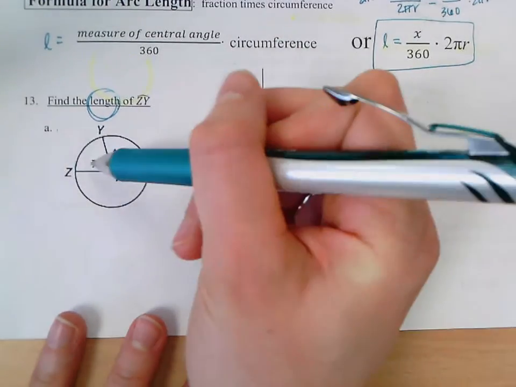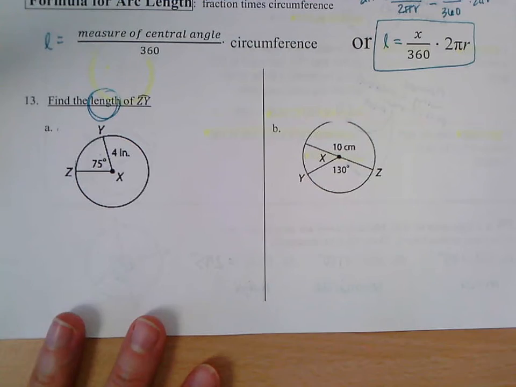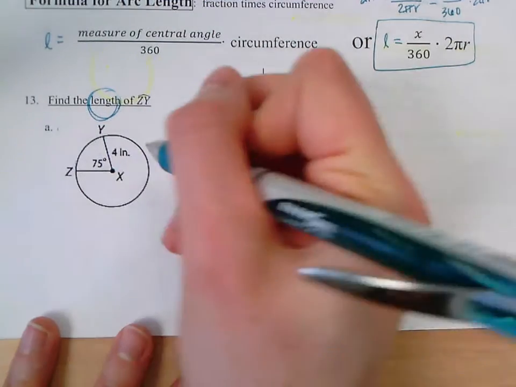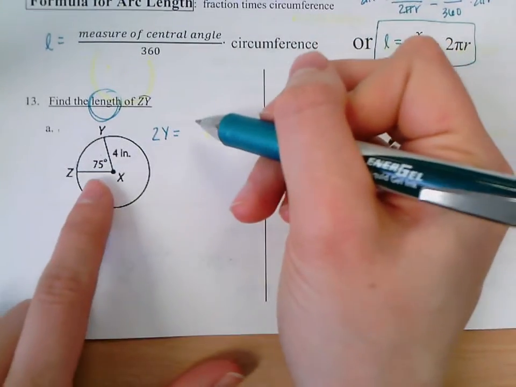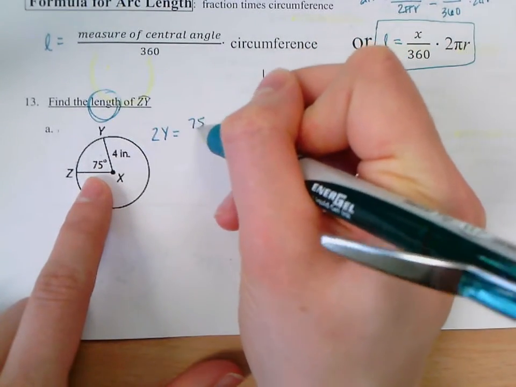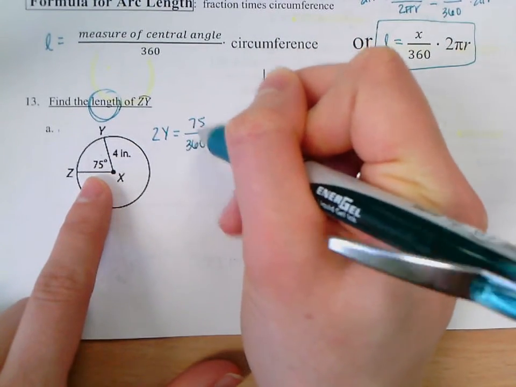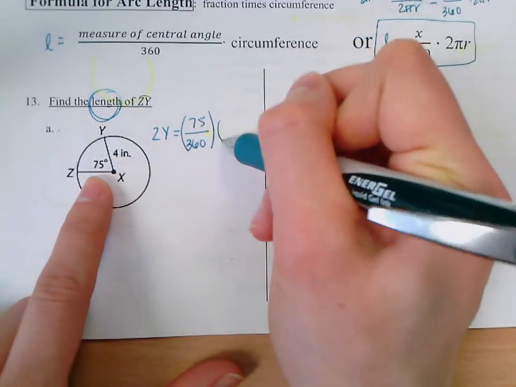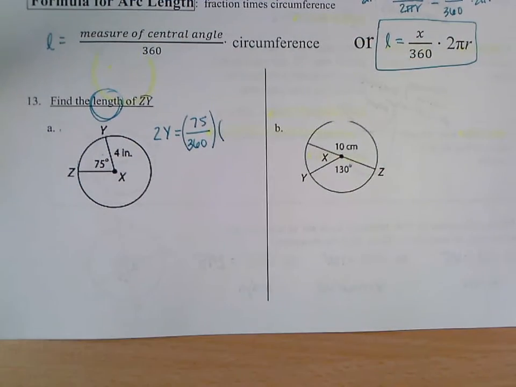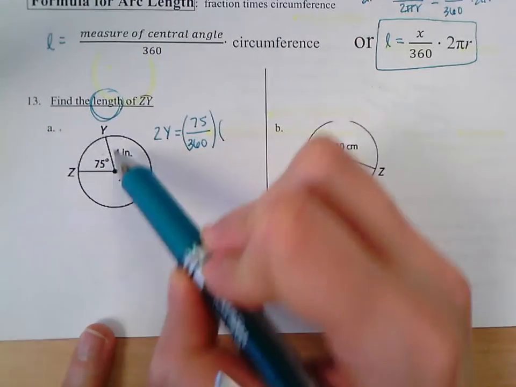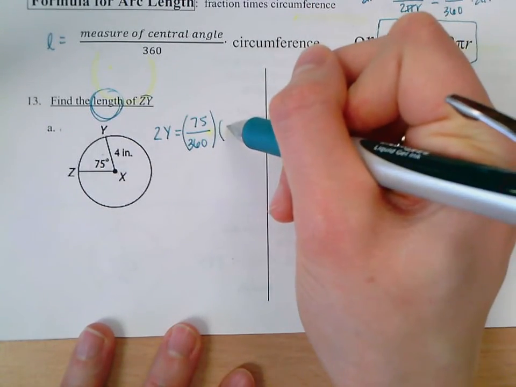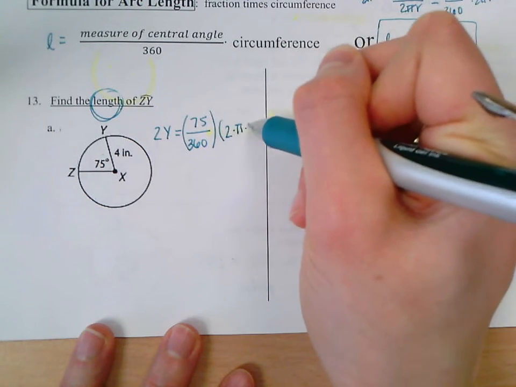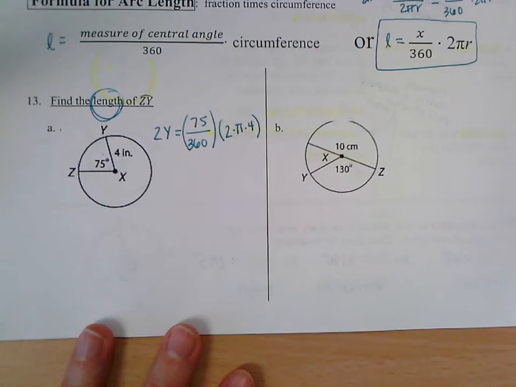I know the central angle is 75 degrees. So ZY is equal to the central angle of 75 out of 360, multiplied by my circumference, where I know the radius is 4. So the circumference would be 2 times pi times 4, or 8 pi.